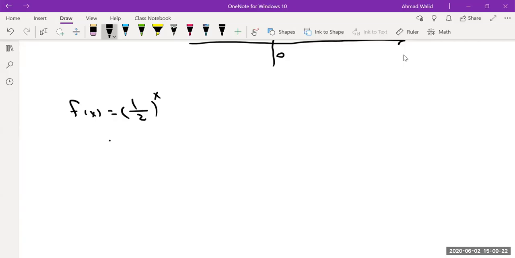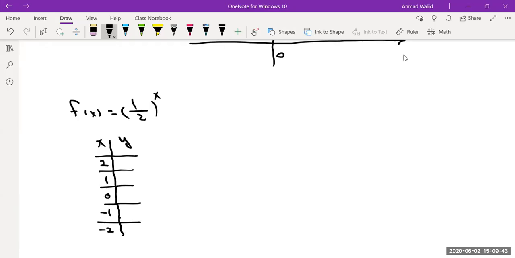Let's graph this and see what's the shape. If this definition is true, x, y, let's plug in a few numbers. For example, let's start with 2, 1, 0, -1, and -2.